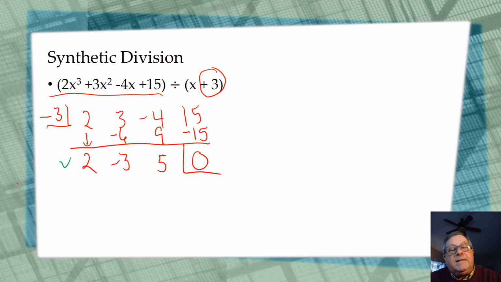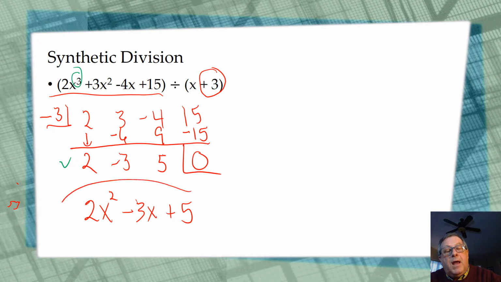So as I write this, I'm going to write this beginning with one less exponent than where I started. So my answer then is going to be 2x squared, and I'm just going to write with exponents in descending order, minus 3x plus 5.